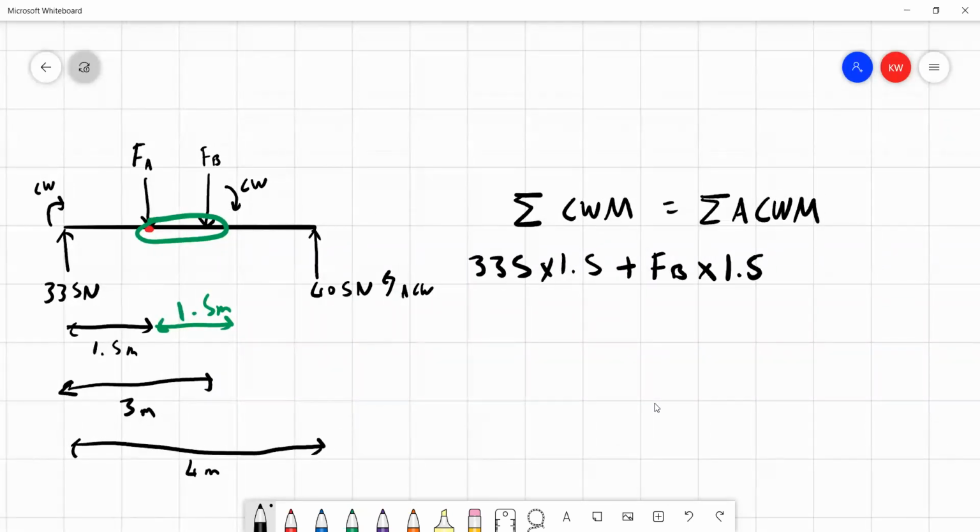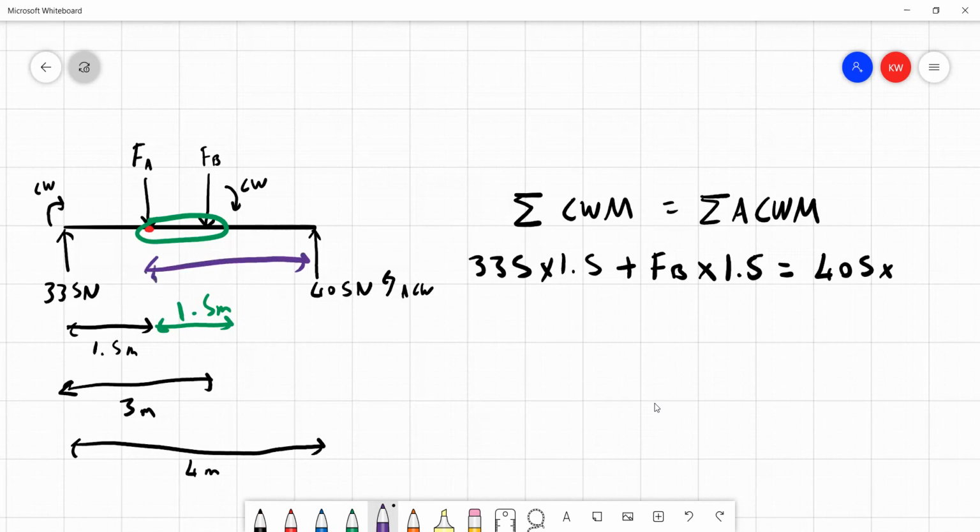Then lastly, we have our anti-clockwise moment. We've dealt with the 2 clockwise, and we have one anti-clockwise one to deal with. It's a force of 405 newtons, and we're going to multiply this by the distance from, again, our point A to where this force applies. I'll pick a different pen color here, purple. The distance is this distance here.